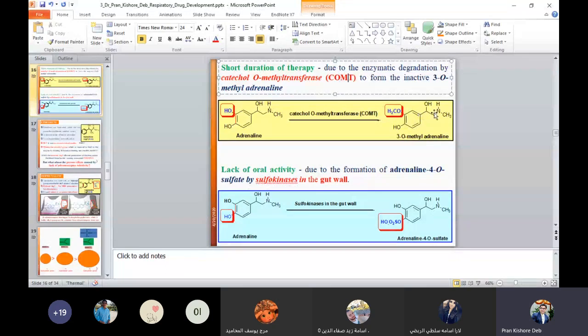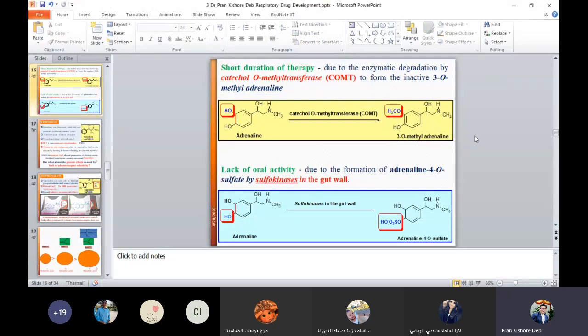Start counting from the alkylamine: 1, 2, 3. Now you must remember 2 things very importantly. Wherever you see a catechol group in a drug in this chapter, that means they will have the same problem. They will show a short duration of action because of the action of the enzyme COMT.